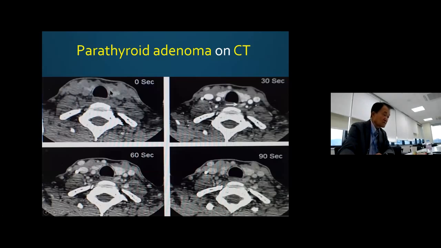Without contrast, thyroid is slightly dense because of iodine, but it's not easy to recognize the nodule here. So 0–30 seconds, this second you see here, and then the venous phase is a little bit washing out. So it's not easy.